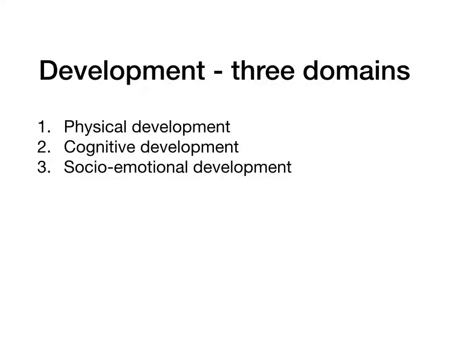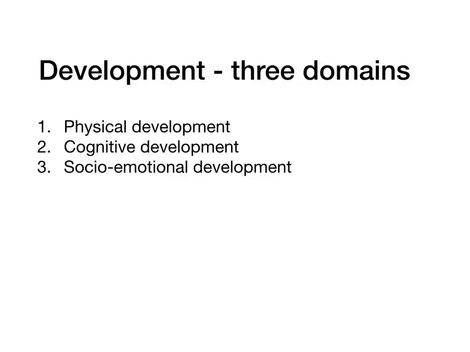So as the baby matures from a newborn baby to a toddler, to a young child, to an adolescent, and so on, there is a change happening in the way the baby or the toddler or the young child relates with the world or connects with the world at an emotional plane. So socio-emotional development basically refers to the relationship that the developing child shares with the world around or with the people around him or her.